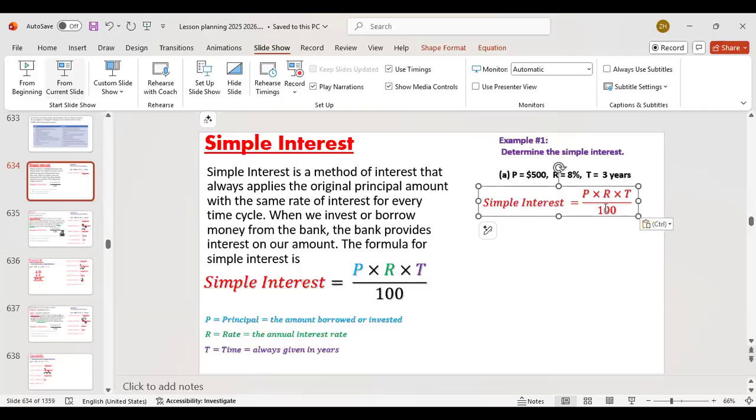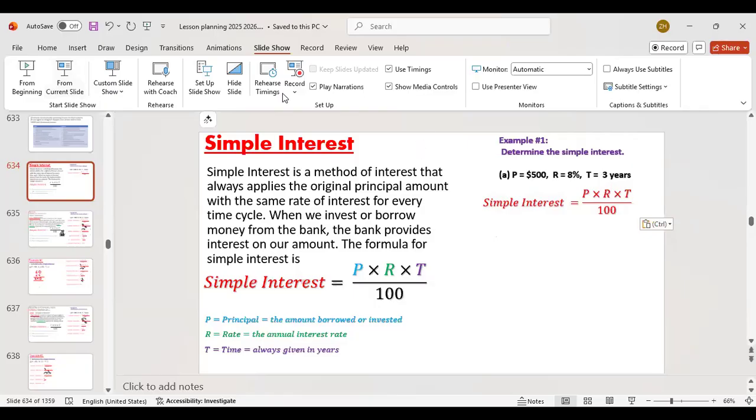So now we know that the simple interest is principal times rate times time all over 100. What is P in this case? They told us what P is. P is 500. That's the amount borrowed or invested. What is R? 8%. In this case, it's just 8. And what is T?